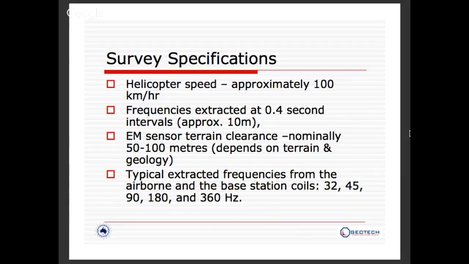By now, we reduced the speed of the helicopter to 80, 90 kilometers per hour. We still have 0.4 seconds for every sounding. This stays more or less the same. And we measure, as I mentioned before, from 7 to 720 hertz now.